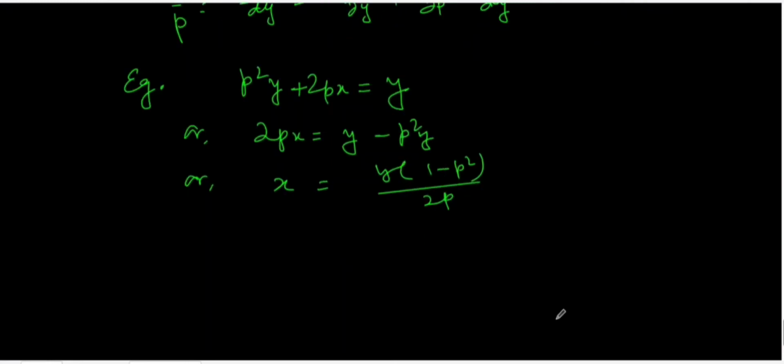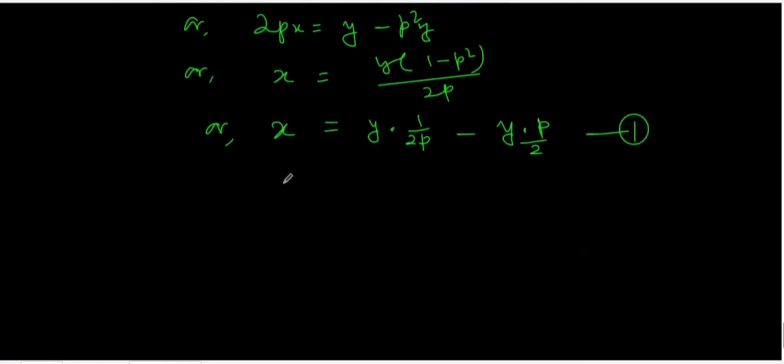So we have y times 1 upon 2p, and negative y times p upon 2. So this is the equation. We can write this explicitly for x.